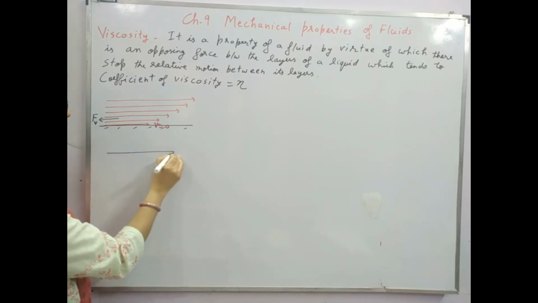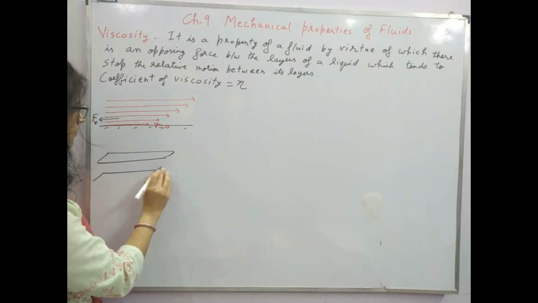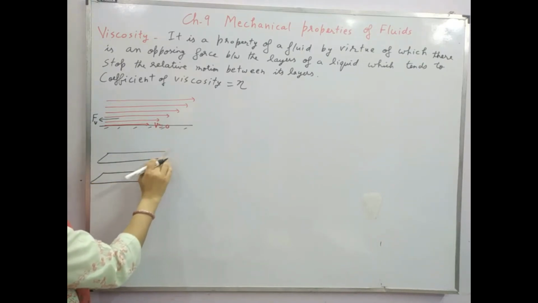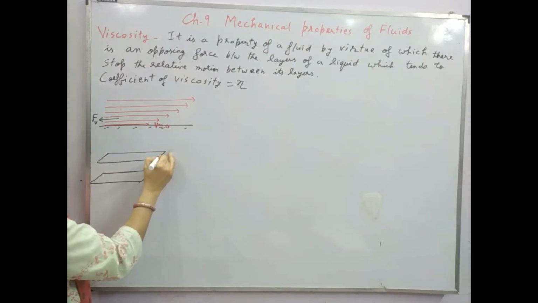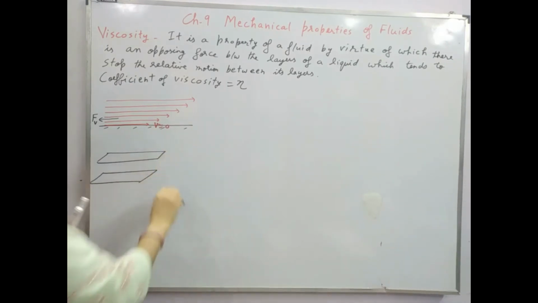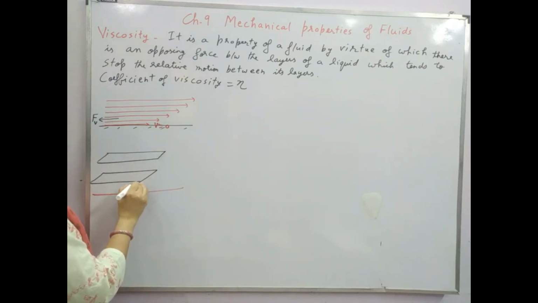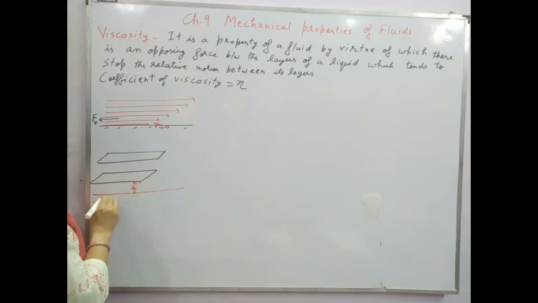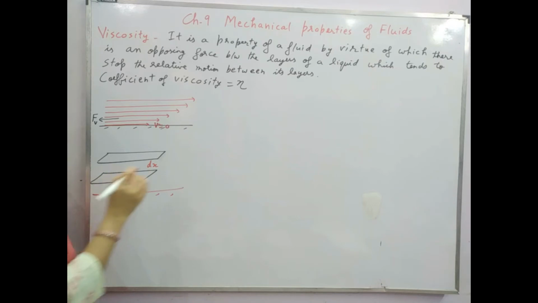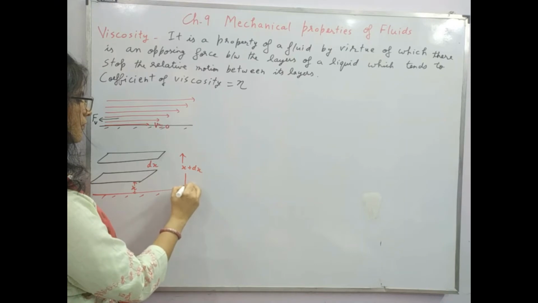So if we consider any two consecutive layers, and the distance of the first layer is, suppose, x from the surface, and suppose the separation between the layers is dx, and this distance will be x plus dx, right?